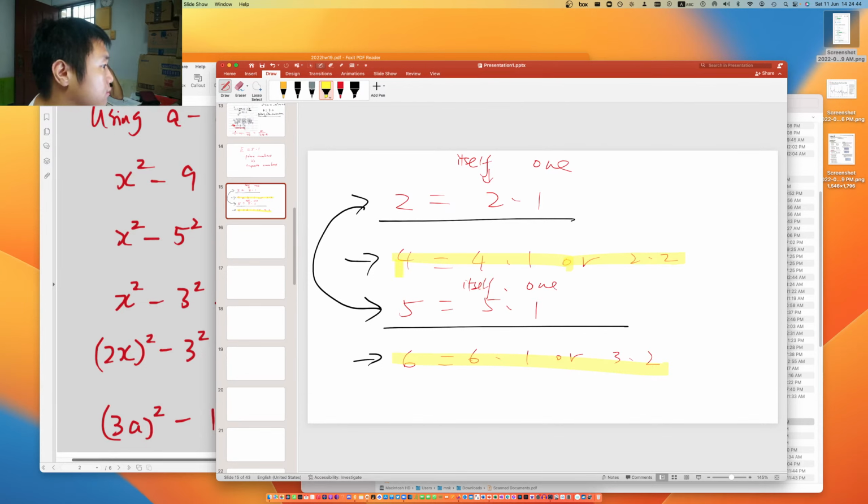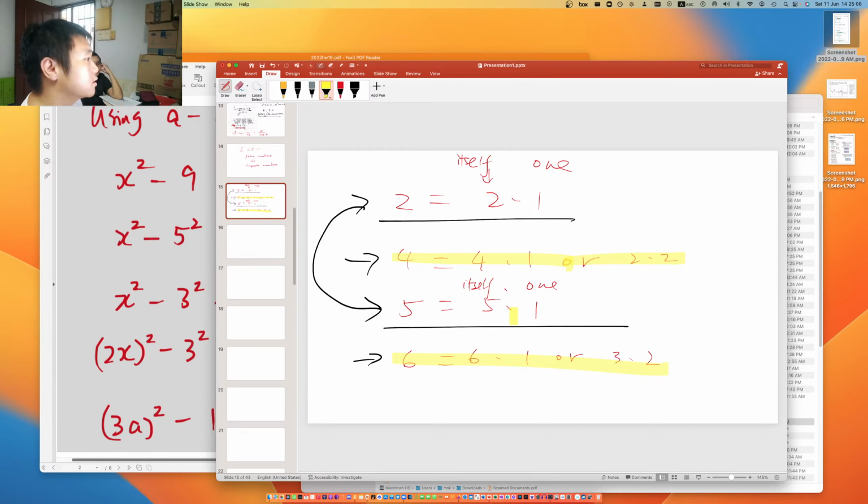So for number that can be split into more than one combination, they are called composite number. Composite means a combination. Composite figure is a figure made up of many figures. So composite number is a number made up of many numbers.